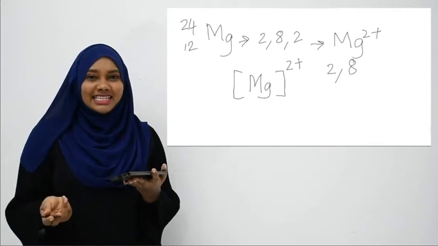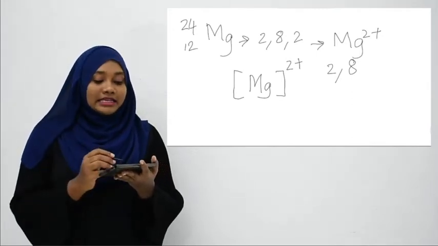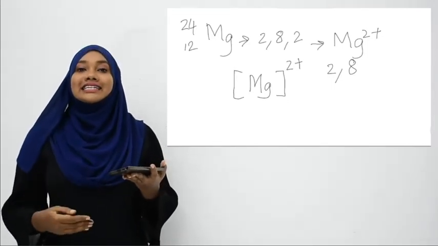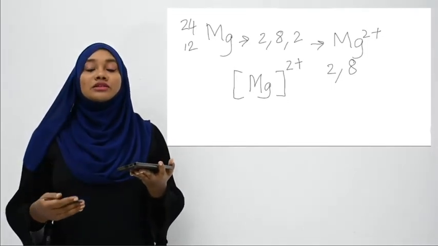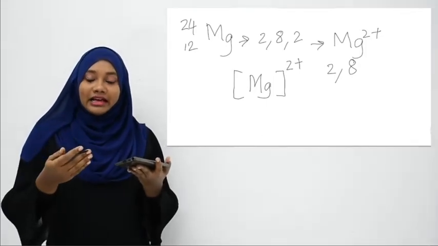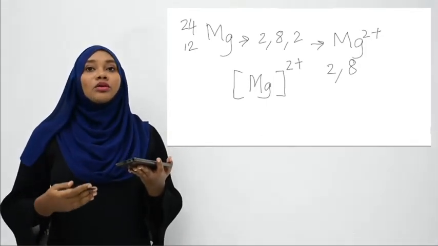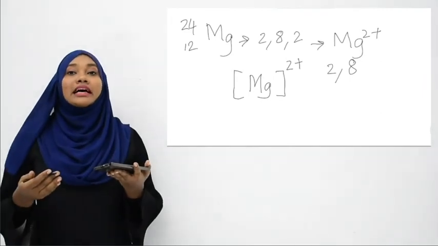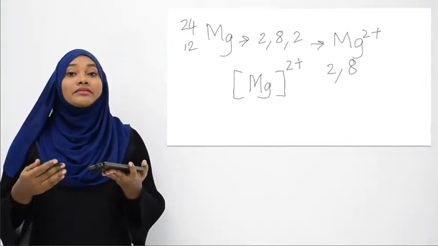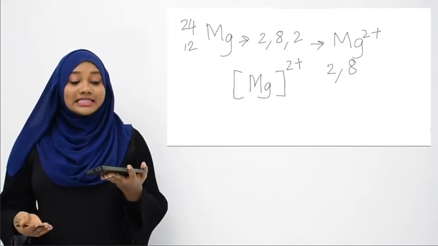Have you noticed it? So that means the group number decides the number of electrons in the valence shell. All the elements in group 1 will have 1 electron, all the elements in group 2 will have 2 electrons, all the elements in group 3 will have 3 electrons in the valence shell.